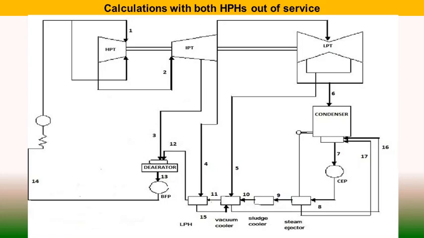That means we are having vacuum heaters, then LP heater and deaerator feed heating system, and from the boiler feed tank through the boiler feed pump, water going directly to the boiler for steaming. So naturally there is no feed water heating through HP heaters, and both the HP heaters are bypassed.